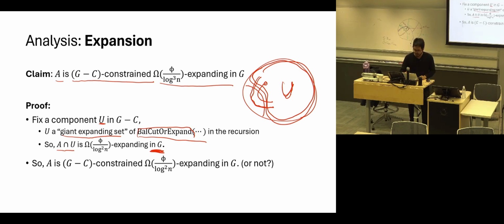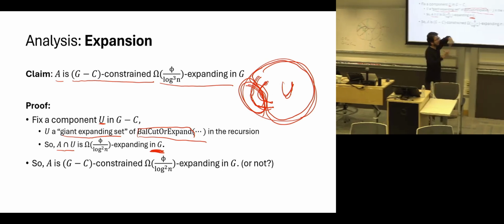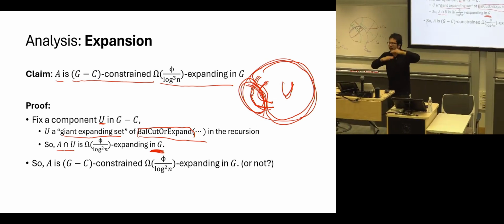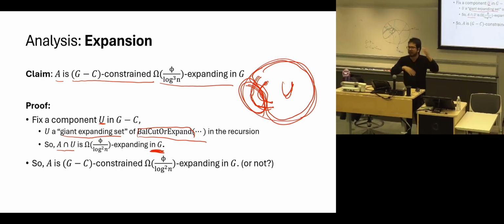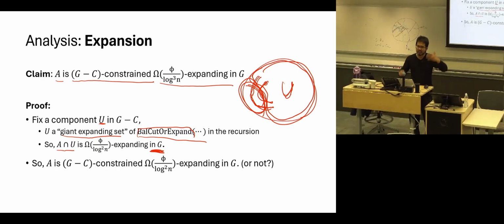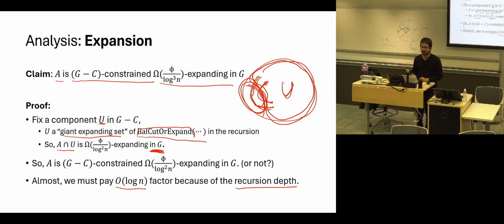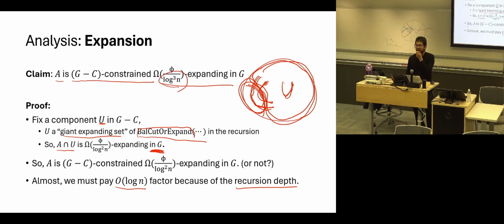And what we do is recurse on the smaller side. So the flow that you route from U can interfere with the smaller side, but there is just log n recursion depth. So the interference is just a log n factor. The congestion can grow by a log n factor. Because the recursion depth is log n, you pay another log n factor in the expansion. So you pay log cube here. Make sense?